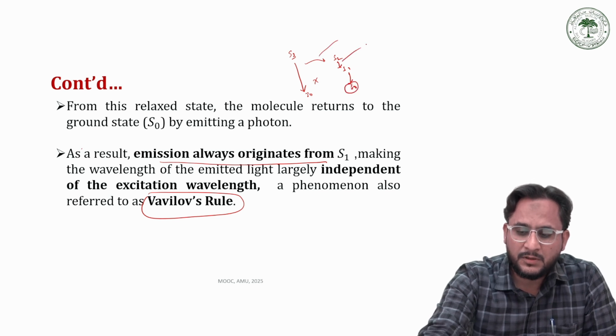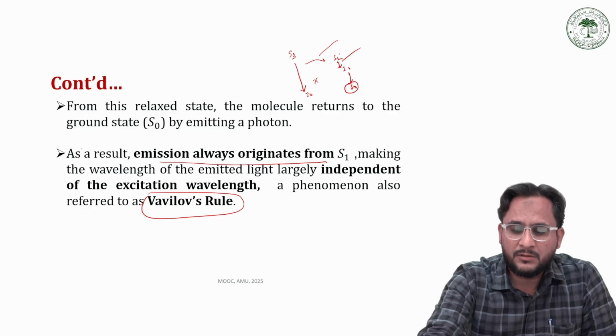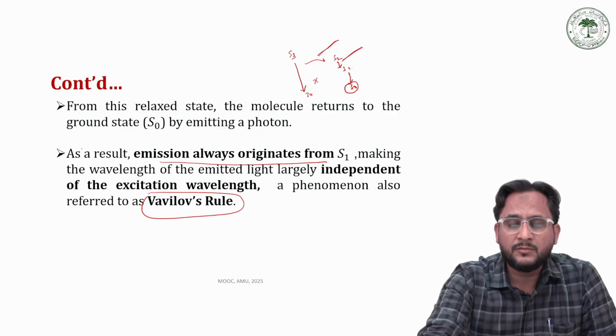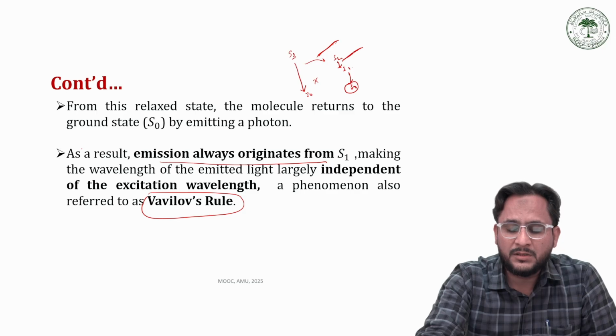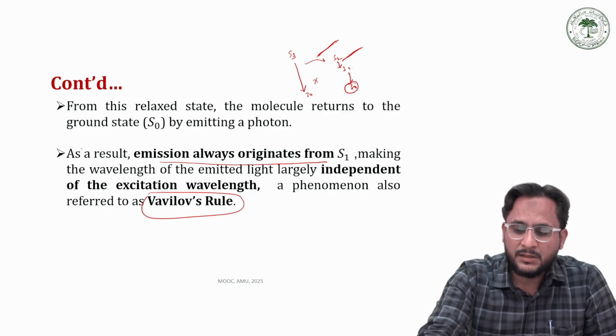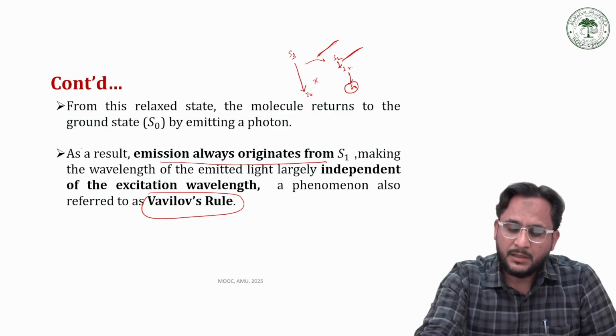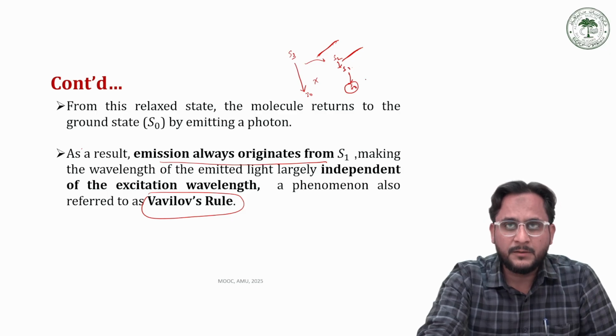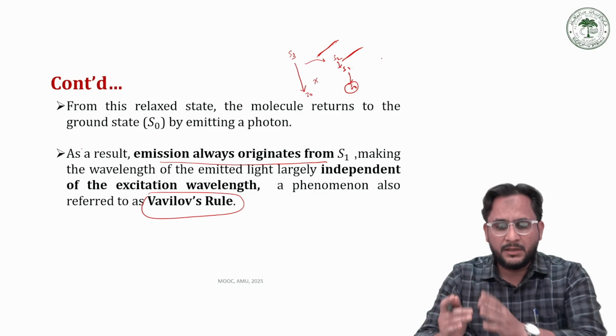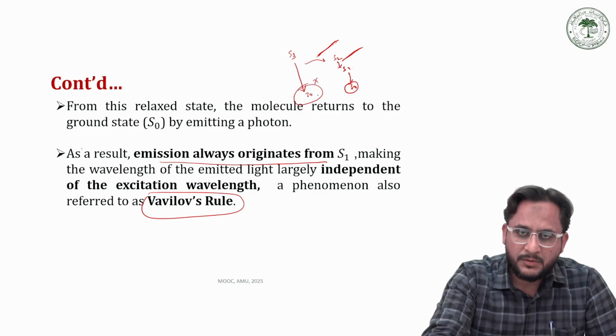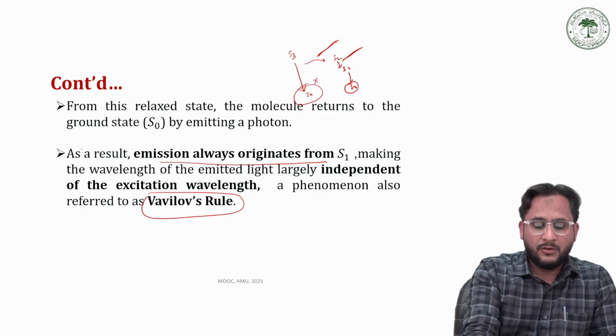So during these transitions from S3 to S2 and S2 to S1, the molecules lose some energy, and therefore the wavelength of light released when it comes from S1 to S0 is totally independent of the energy that is absorbed. So this is Vavilov's rule.